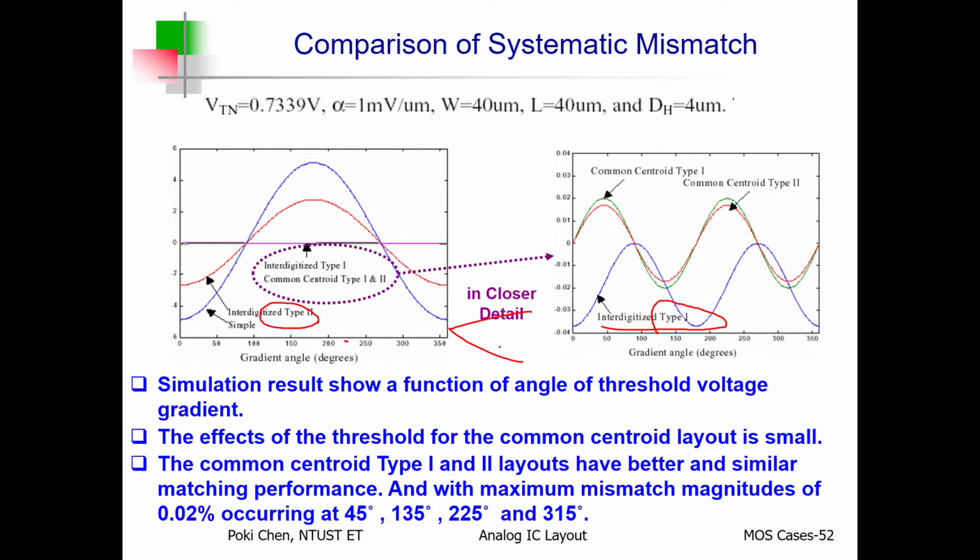So again, it means what? The requirement for common centroid is much higher than dispersion or all the others. What are the others? We have compactness, we have chirality, blah blah blah, all of them. All of them have much less impact than common centroid. So please keep this in mind.